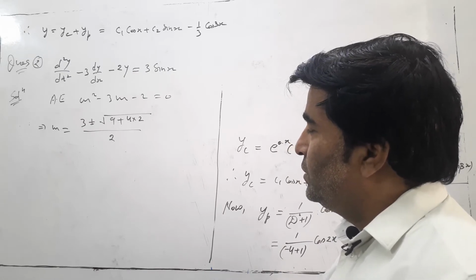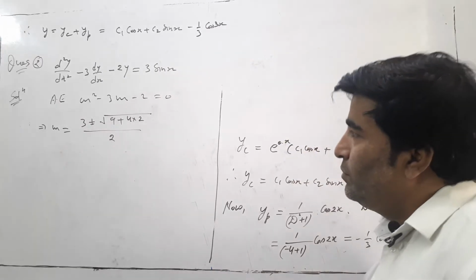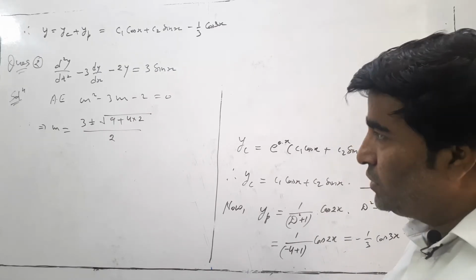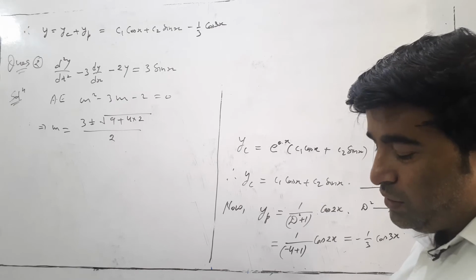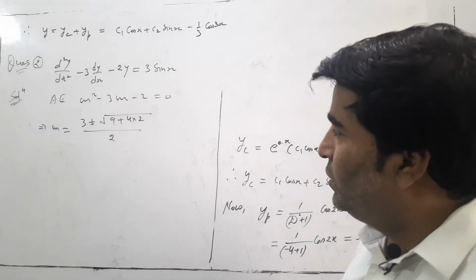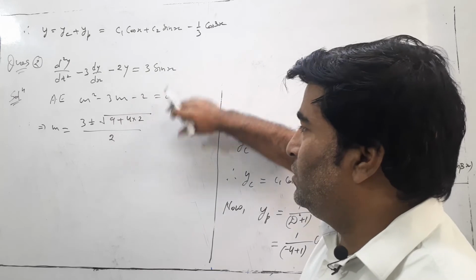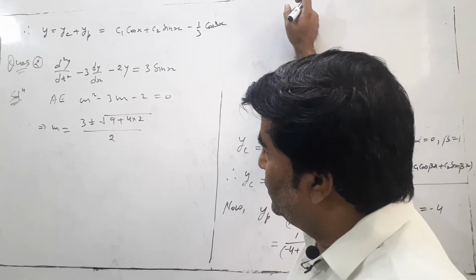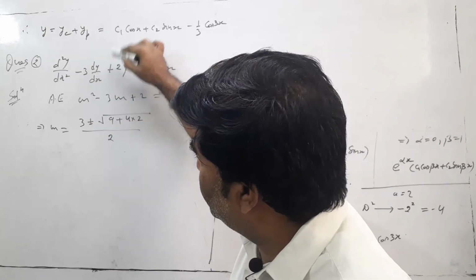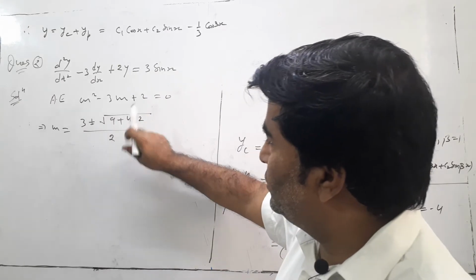Let me check this equation: d square y over dx square minus 3 dy over dx minus 2y is equal to 0. Here this is not a perfect square, but we can solve it directly using this formula.